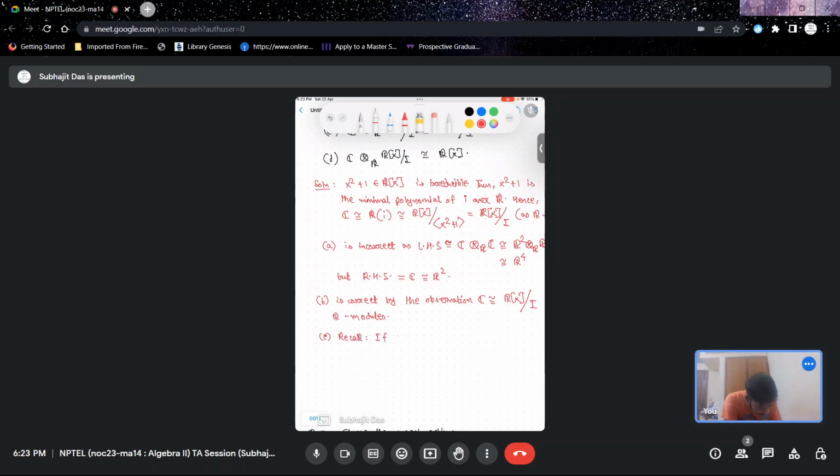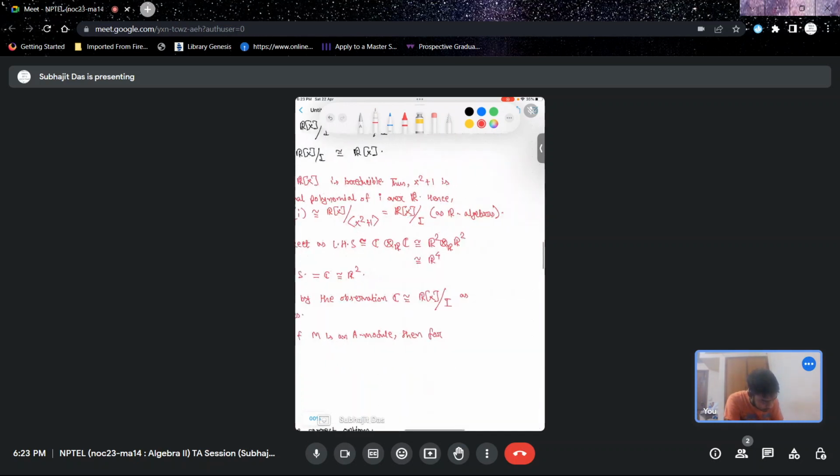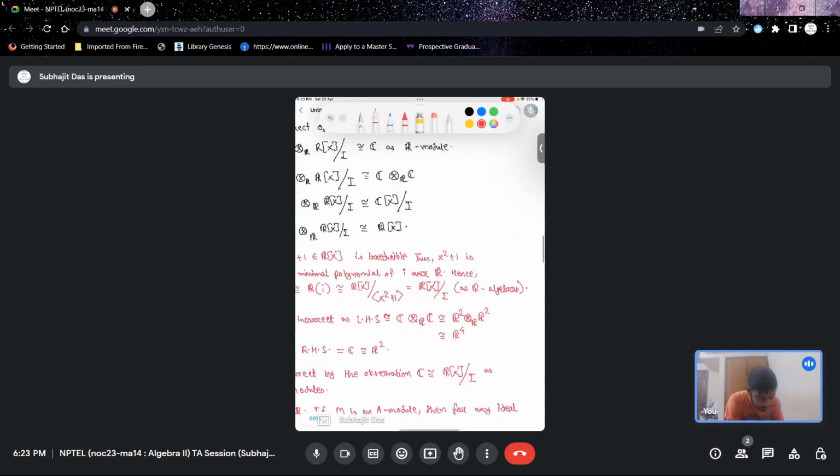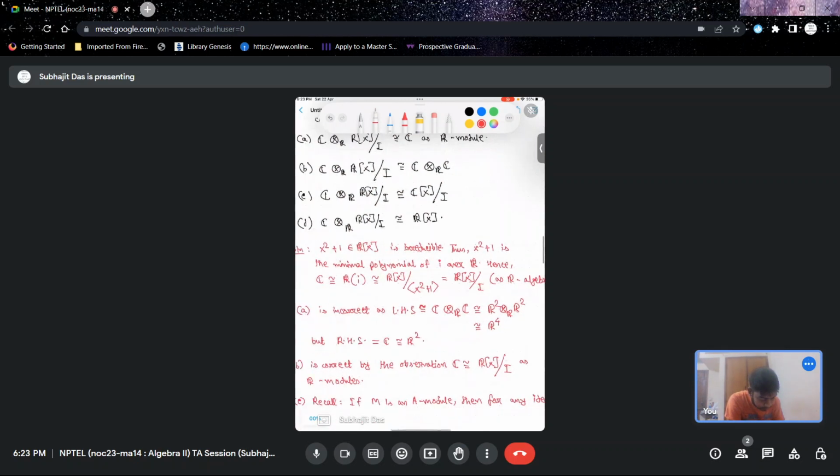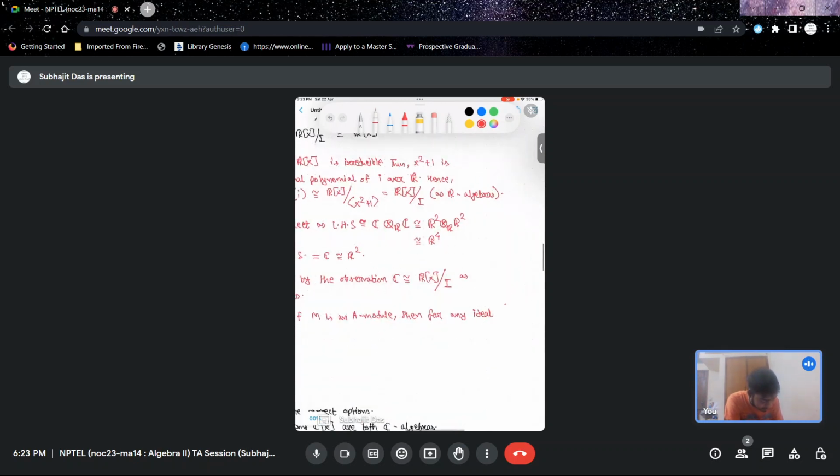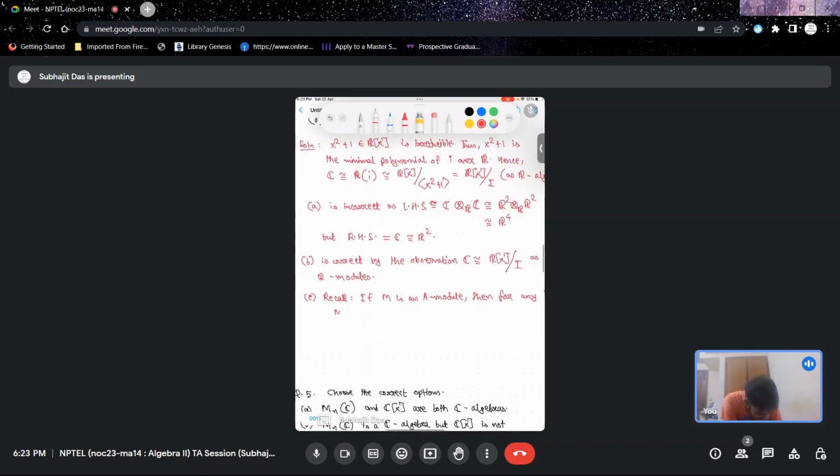If M is an A module, then for any ideal alpha contained in A, M tensored over A with A mod alpha is isomorphic to M mod alpha M as A modules.